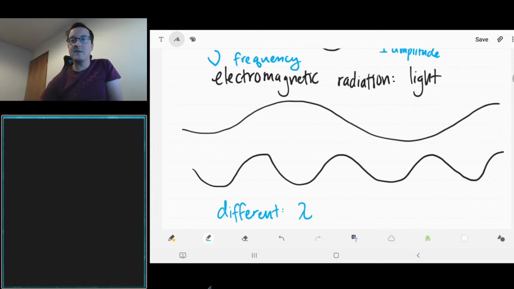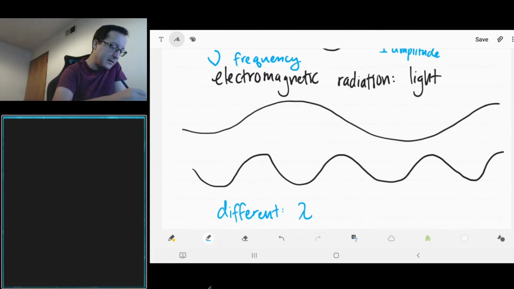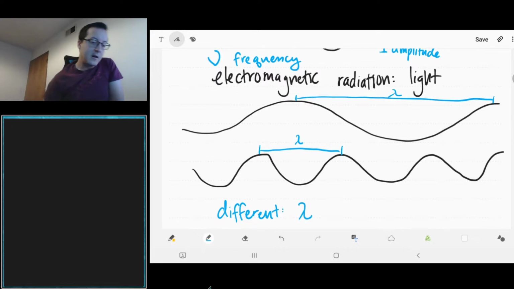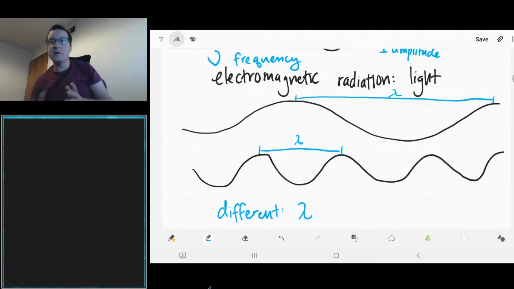The distance between the two highest points here would be one wavelength, and the distance here would also be a wavelength. You could also measure the two lowest points, or the middle point. As long as you're choosing the same point on the wave, your wavelength will be the same.